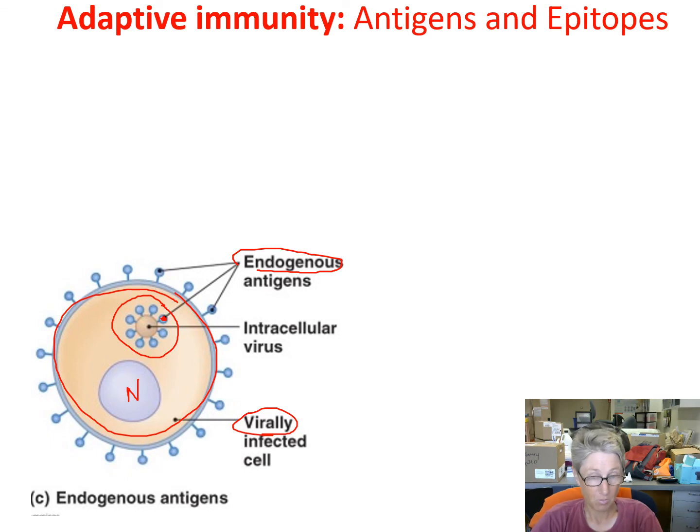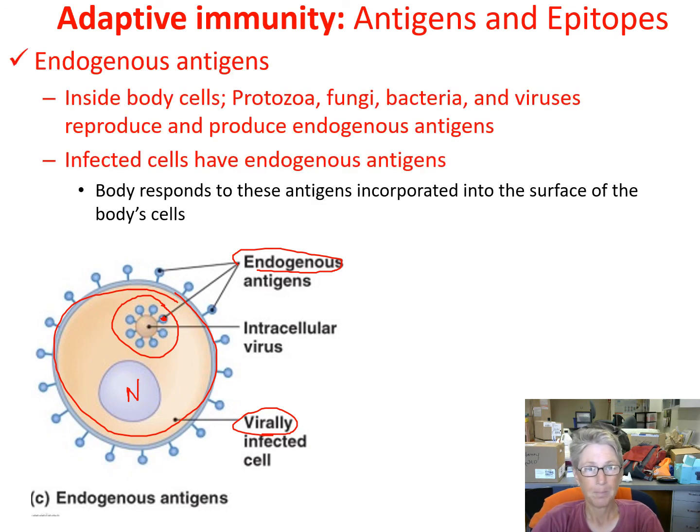Now this intracellular virus would be classified as an endogenous antigen because it's inside your cell. Endogenous antigens, like I said, are inside body cells. You could be protozoa, fungus, bacteria, viruses. Once they're inside your cells, they can reproduce and make more of themselves, or more endogenous antigens. If you are an infected cell, that means you have endogenous antigens in you.